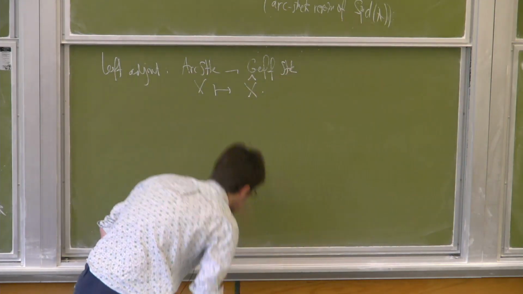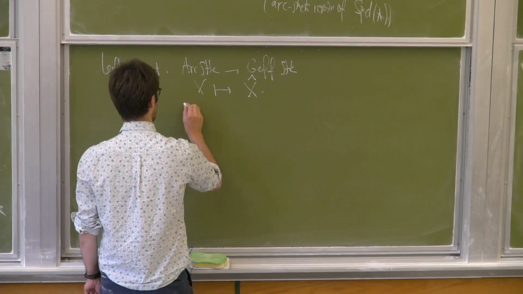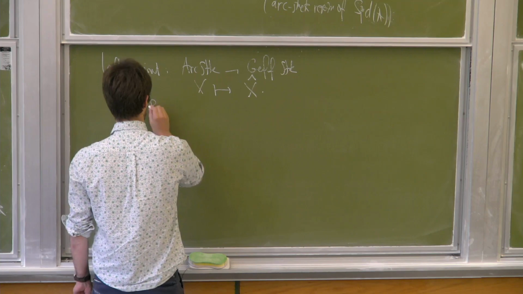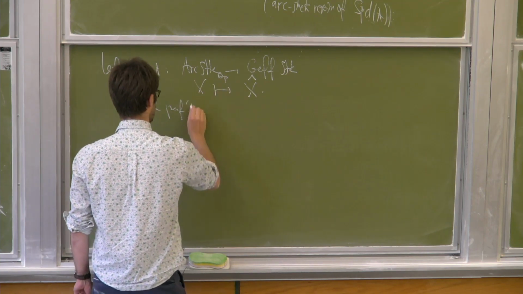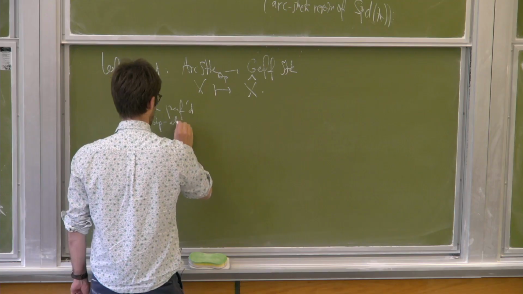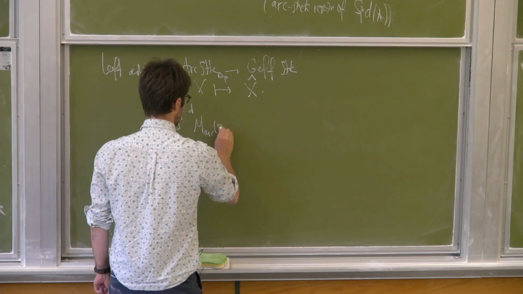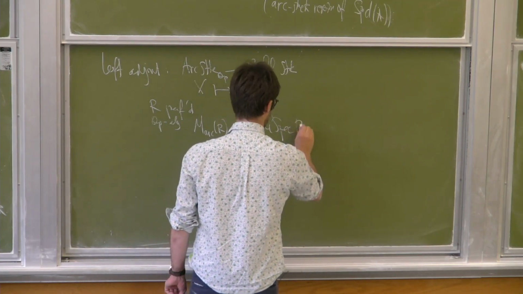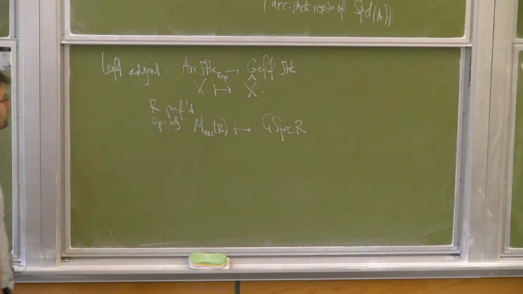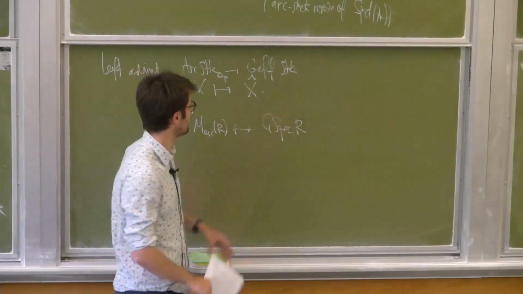So it's a left adjoint, so again it preserves colimits, and if you have R, which is a perfectoid Q_p algebra, sorry, it's arc stacks over Q_p, then you send Spa of R, the arc stack, to G-Spec of R. So that's a way to realize, if you like, arc stacks inside Gelfand stacks.